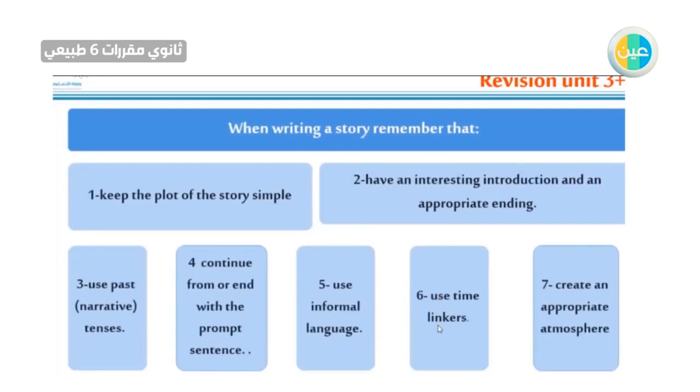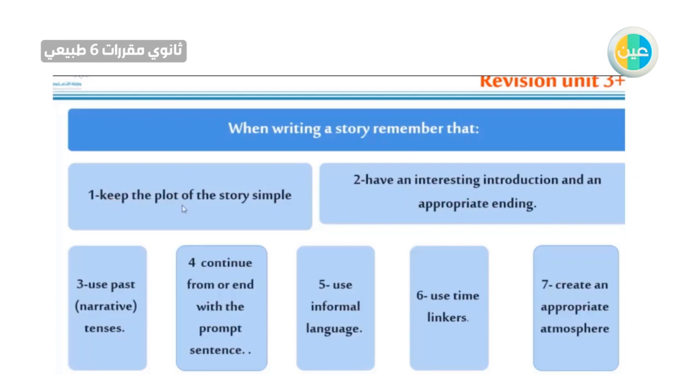Okay, left. Okay, the second writing task is writing a story. Do you remember? It's about writing about experience, funny experience happened to you and to your friends. So it's informal because it's something funny happened to you and your friends. So here we will revise with you the most important points you have to take in your consideration. Please.